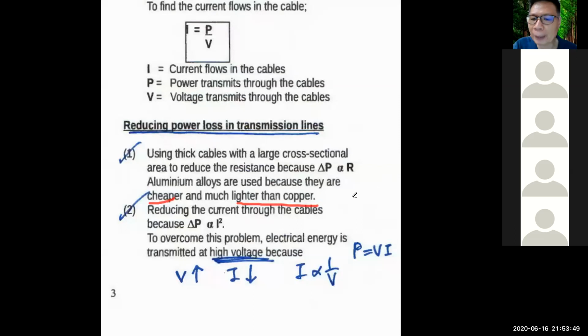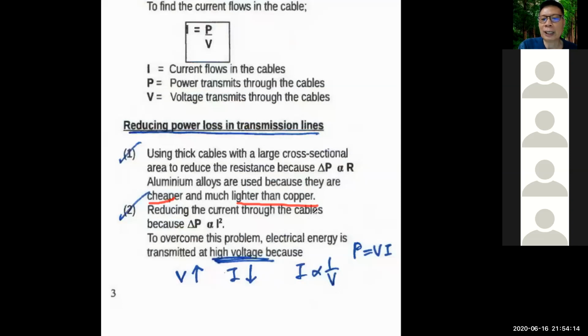Not to say aluminum is better than copper, no. It's because aluminum is cheap, because the cable is so thick. From Terengganu going to the whole country, it's very, very long, very costly. If we use copper, it's very expensive. So use aluminum, because it's cheaper and light.